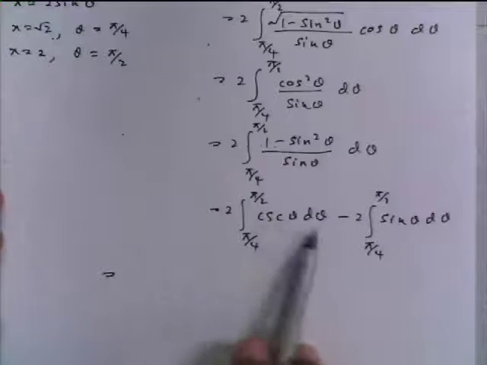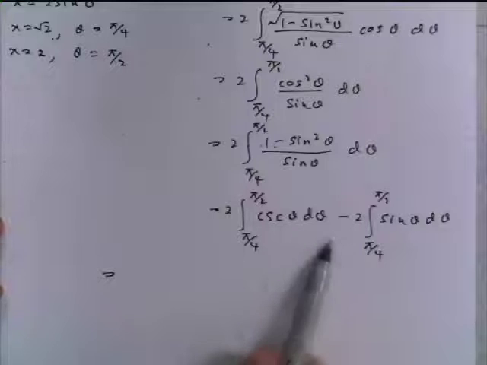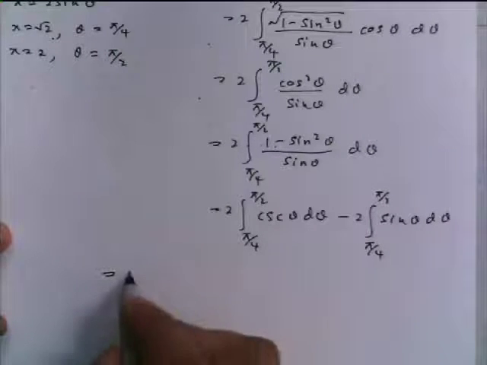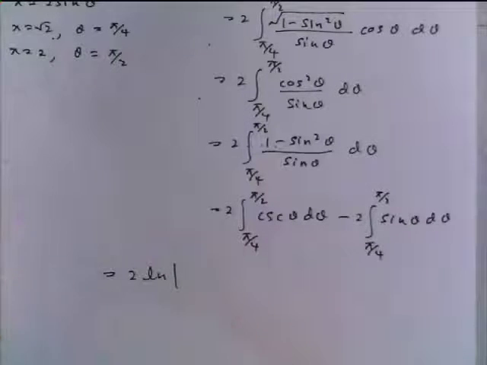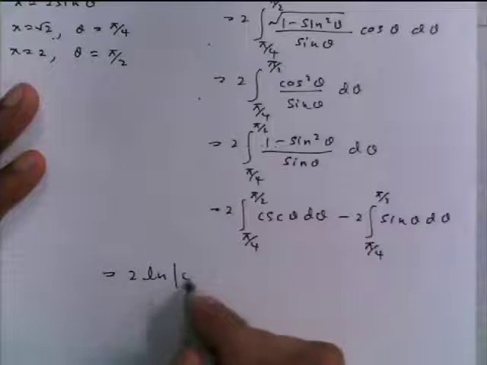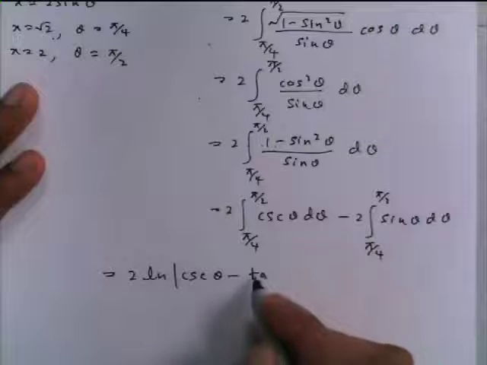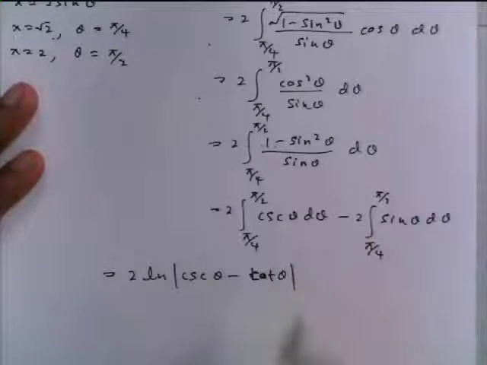Okay, what about this one? This one also has an integral that we did not discuss last time. Remember, for the secant, what do we get? We get ln of secant plus tan. Is that right? For cosecant, we get ln of cosecant minus cotangent. That we did not discuss.